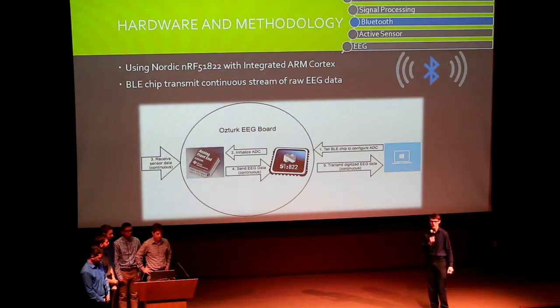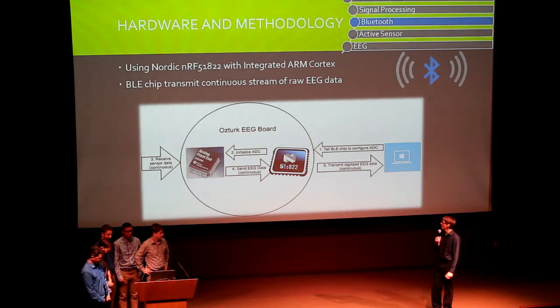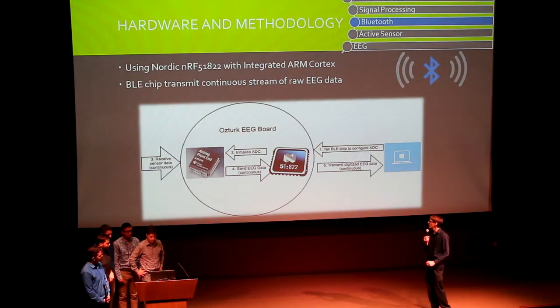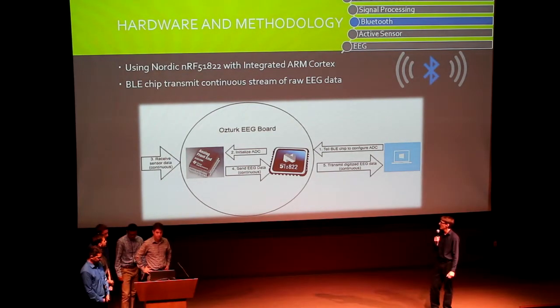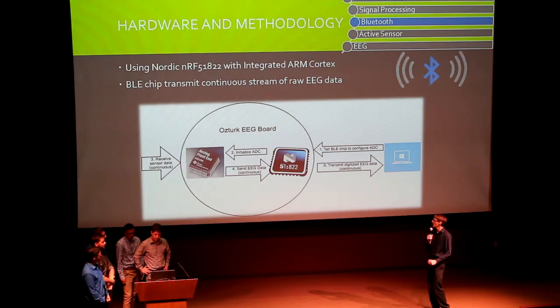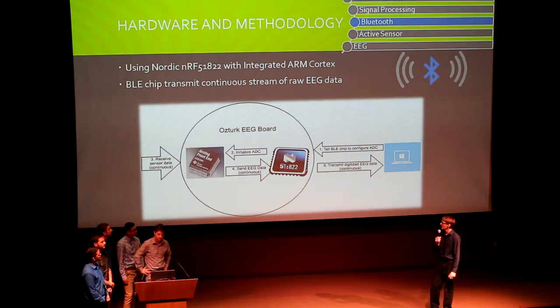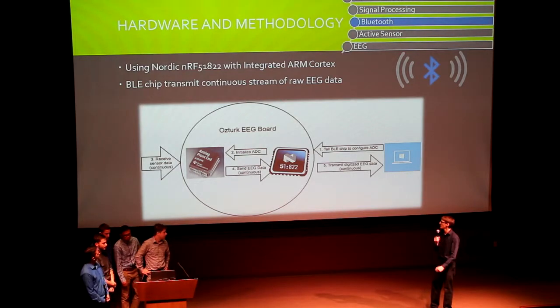It has an integrated ARM Cortex M0 microprocessor on it. And the other main component is the ADC, which is the Texas Instruments ADS1299, which converts the raw EEG signals that Aaron mentioned earlier into digitized ones, which will be sent to the host application.